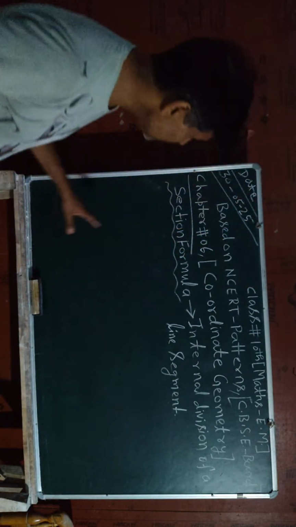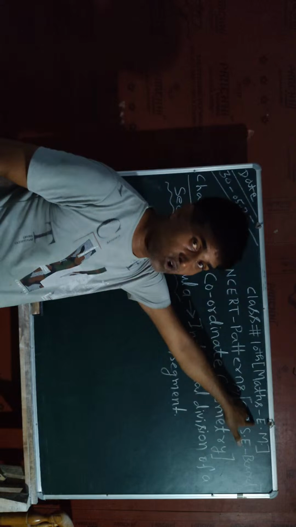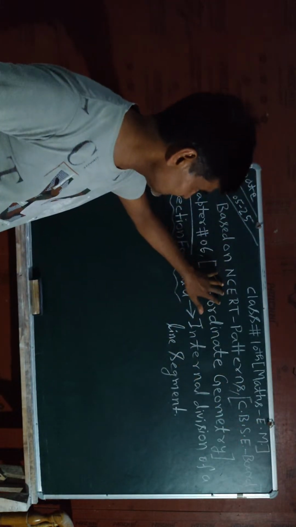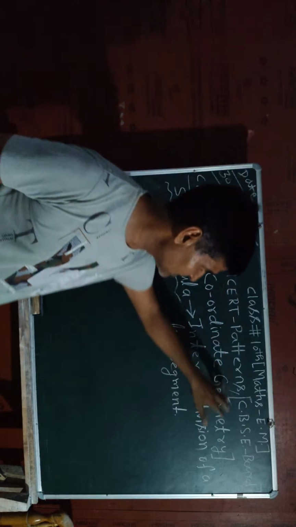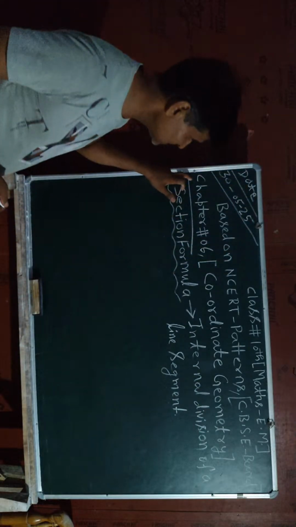So here I have to explain with you, this is class 10th mathematics. It is in English medium, and we can also say that this is the NCERT pattern and it belongs to the CBSE board. Now this is chapter number 6, coordinate geometry.